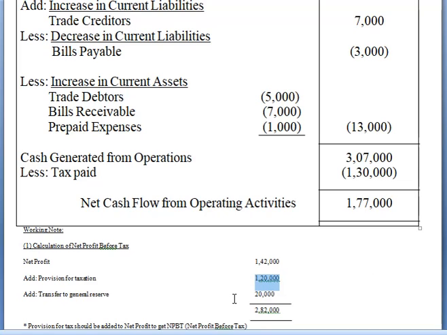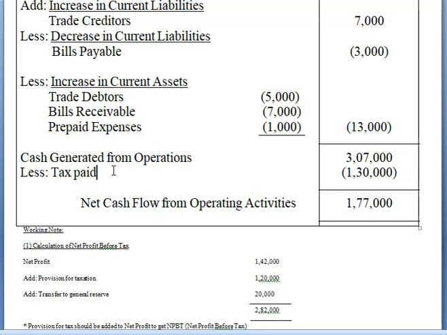And there is only one amount of tax paid. If there is only one amount of tax paid, you just subtract it here. After this cash generated from operations, you just pay the amount of tax. Don't worry about the amount of provision, be it less or more than the tax paid.